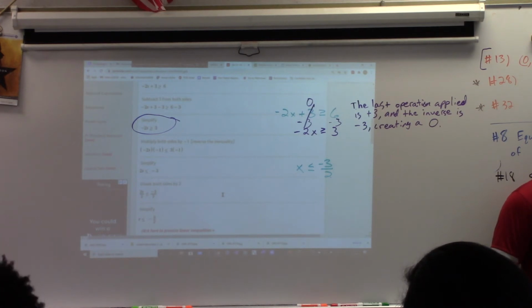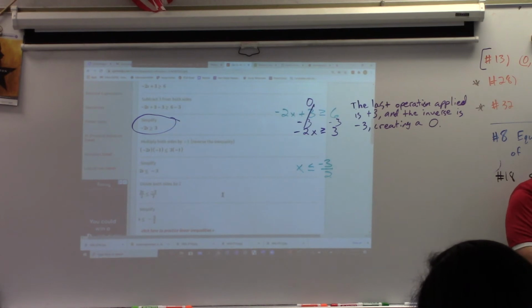It's the property of inequality. What you do to one side, you have to do the other, to make the inequalities stay what? True. We do want them equivalent. We want them to stay the same, have the same solutions.